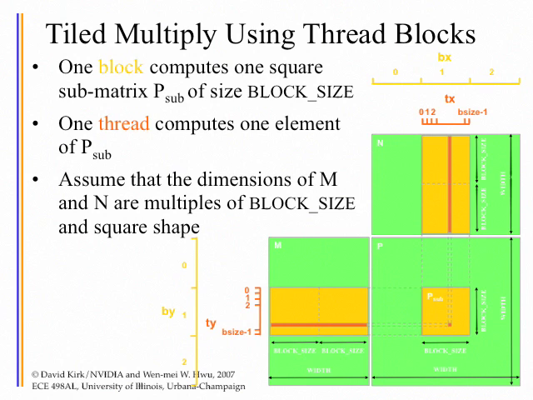So once I'm done with that entire sweep for all the threads in the block, then I throw away these two tiles from the shared memory. I move on to the next two tiles, the second horizontal tile and the second vertical tile.